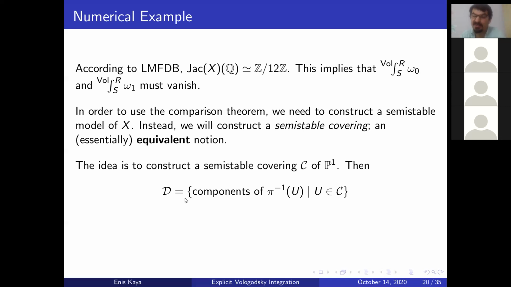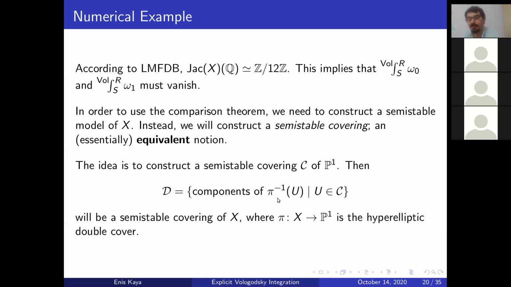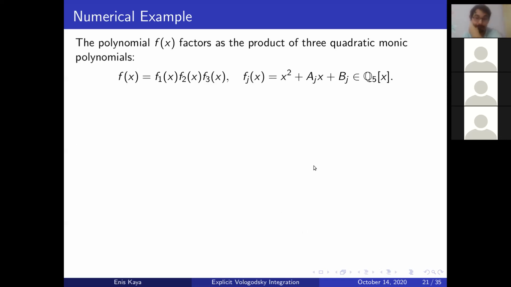I mean, D is defined as the set of components of these inverse images. And it turns out that this D will be a semi-stable covering of X. And here, as usual, pi is the hyperelliptic double cover, which sends (x, y) to x. So basically, the idea is to construct a semi-stable covering of P1.